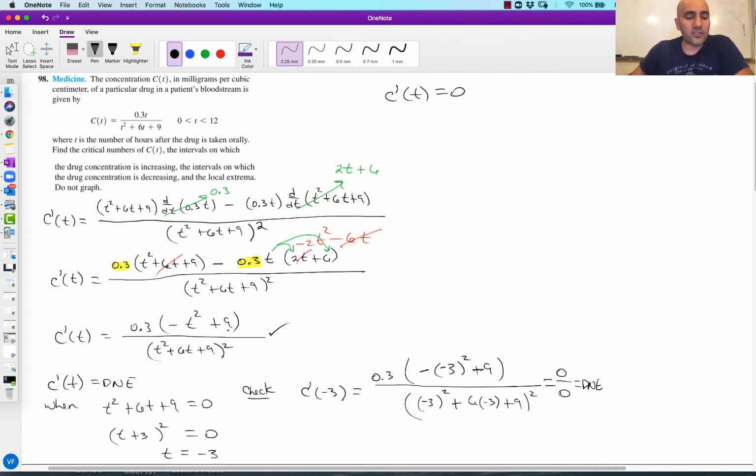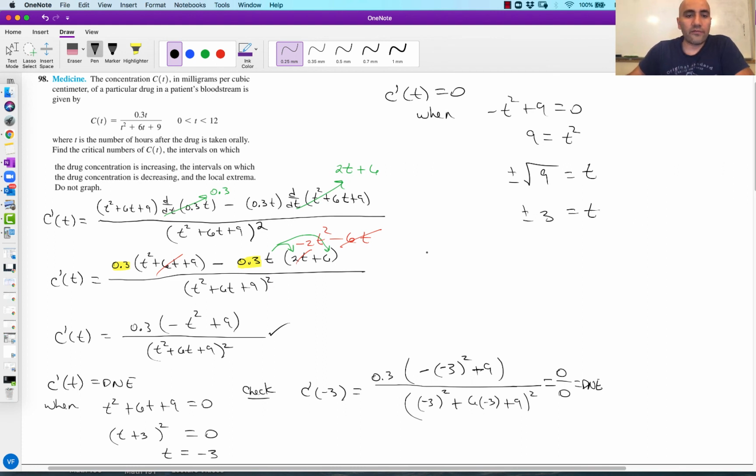Well, this fraction is going to be 0 whenever the numerator is equal to 0. So this is going to be true as long as minus t squared plus 9 equals 0, or 9 equals t squared, which means plus or minus root 9 equals t. And so this will be plus or minus 3 equals t.